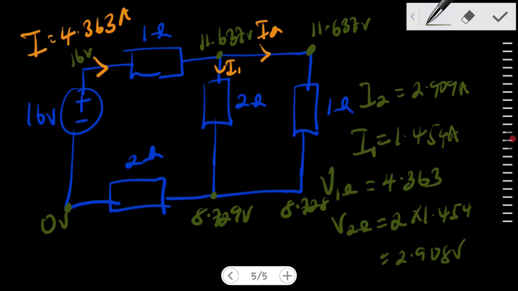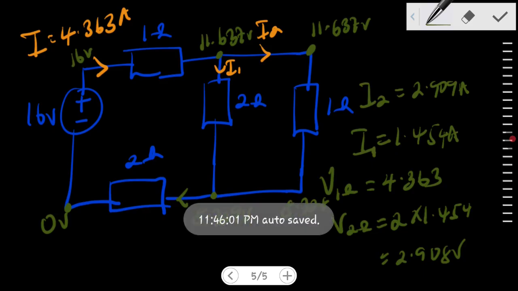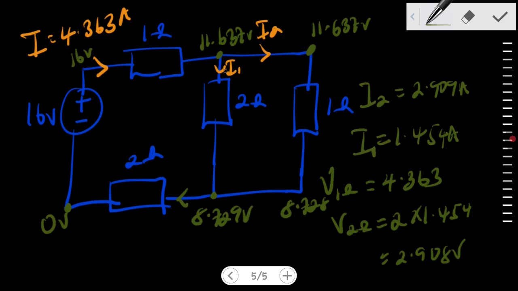So let's get the PD across this. The current that goes through the 2 ohm resistor at this point is as a result of I1 plus I2, because as this comes and this, they combine at this point, right?